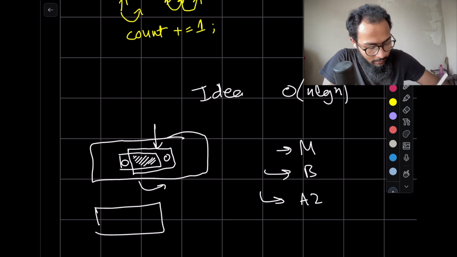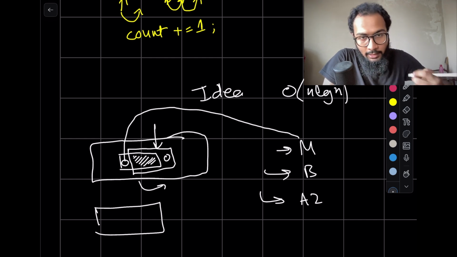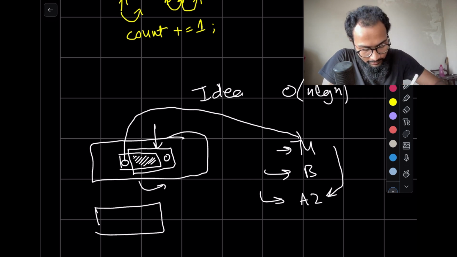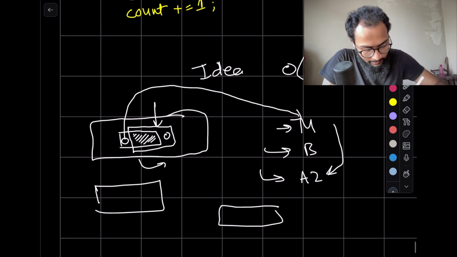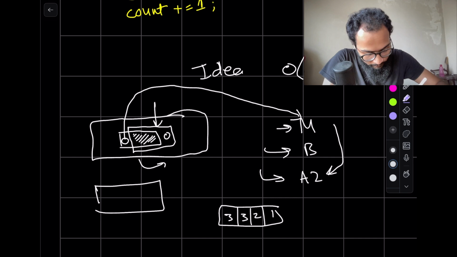So here's the idea. When we move to the right, if this element that we just kicked out was not in M, then we don't need to do anything because it was not paired. If it is in M, we need to check whether there's another instance in A2. So for example, let's say it was 3, 3, 2, 1, and let's say this was our current array.